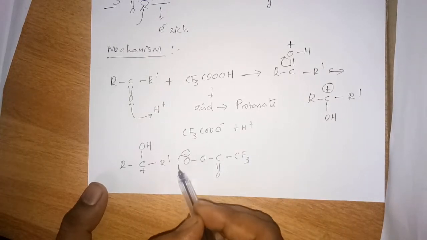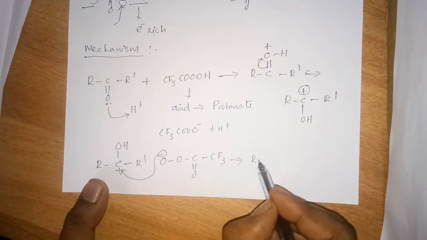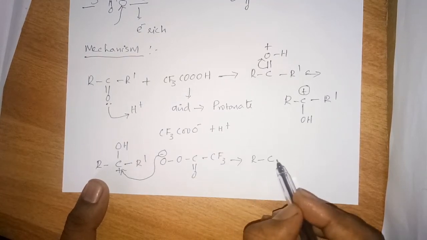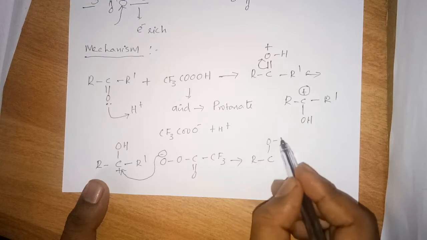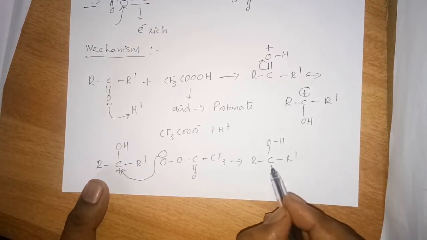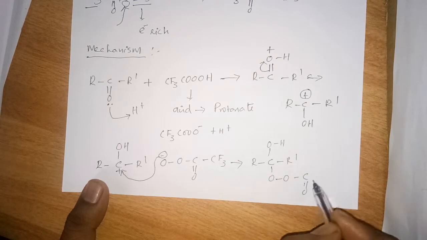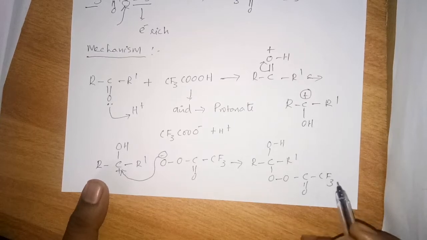The electron rich minus attacks the electron deficient carbon. So we will get R, C, OH, R dash, O, C double bond, CF3.